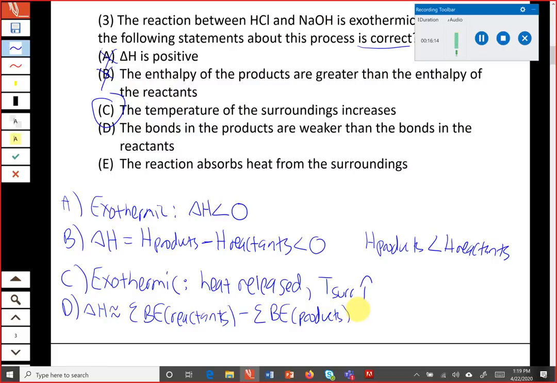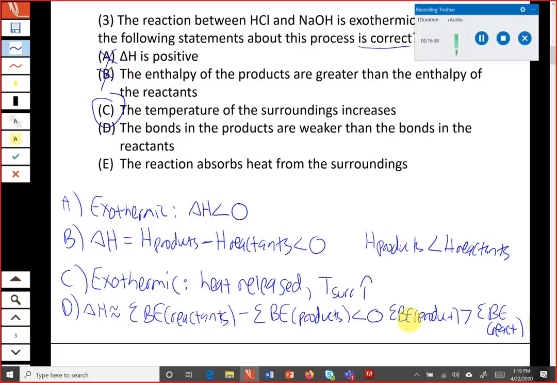And because this is negative, less than 0 for an exothermic process, if we rearrange this, it means that the sum of the bond energies on the product side is going to be greater than the bond energies on the reactant side. Sorry, I ran out of room as I always do.